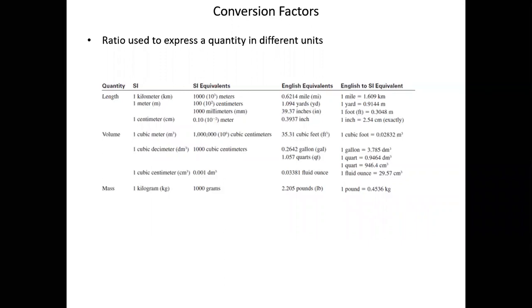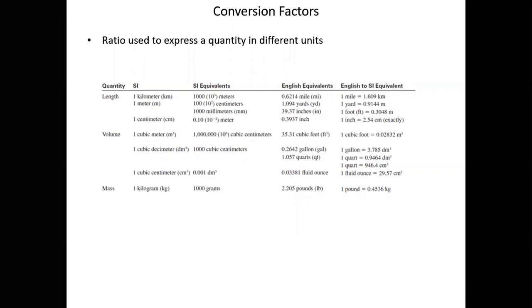Now for the English/standard units, it's expected that you would know the common units that we use. For example, you would know how many inches in a foot, how many feet in a yard, how many feet in a mile. Also things like how many ounces in a pound, 16 ounces in a pound, how many pints in a quart, quarts in a gallon.